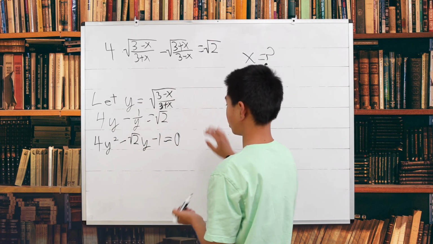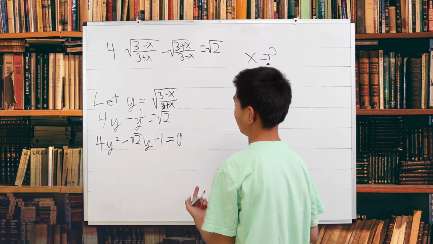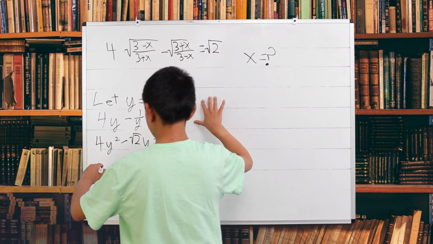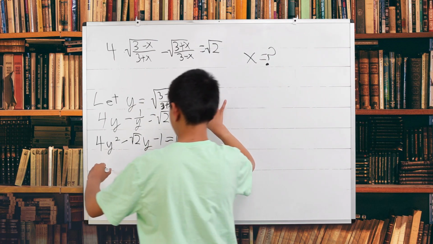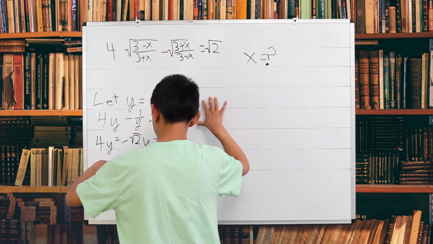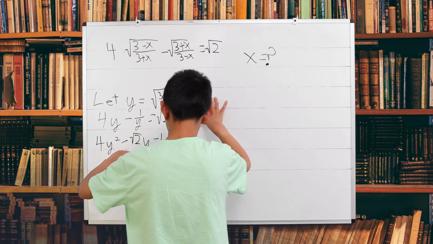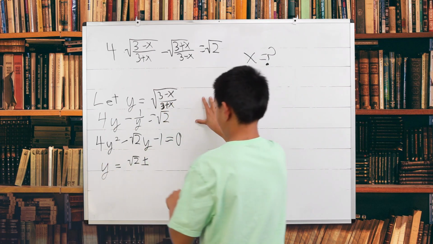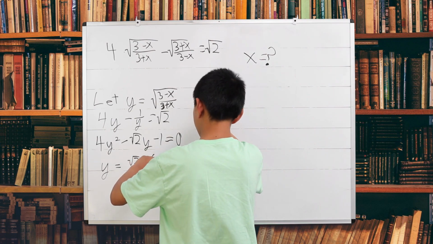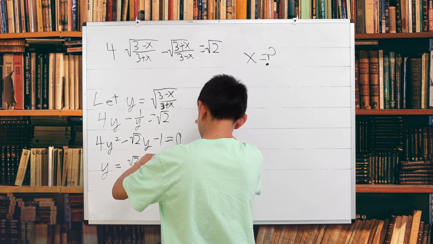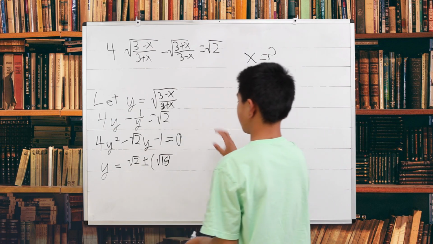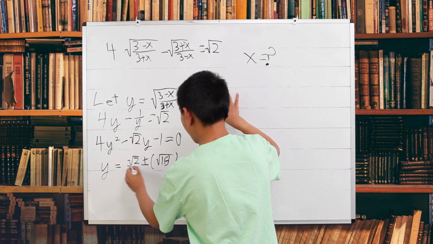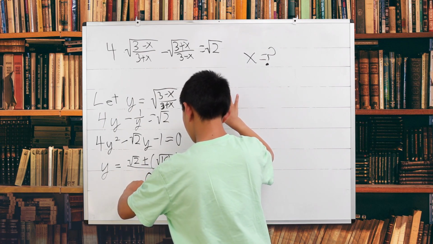Now we can use the quadratic formula to solve this problem. So the quadratic formula states that, I'll just plug the numbers in here right now. y is equal to the square root of 2 plus or minus the square root of 18, because that's what you get when you figure out what this is, over 8.